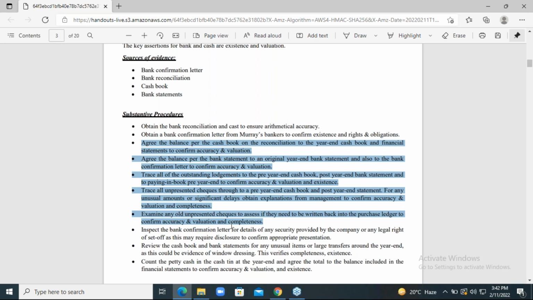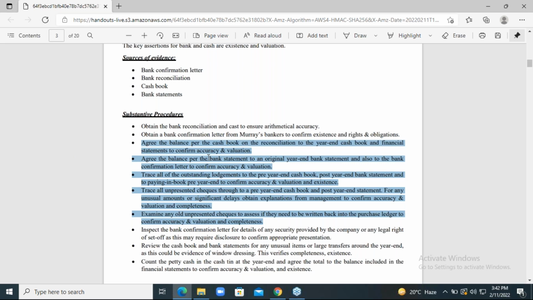So if you imagine for a moment the bank reconciliation statement in your mind, and if you start from the first line, you can write and tally line by line and come down in the bank reconciliation statement, and you can write a procedure and after that another procedure and then another procedure. So it is easy to write procedures if you have the bank reconciliation pro forma in your mind.